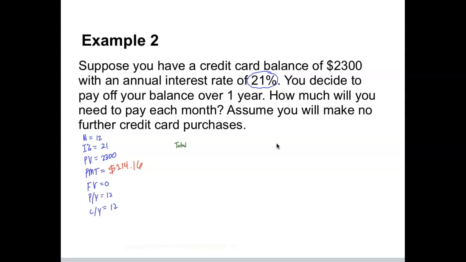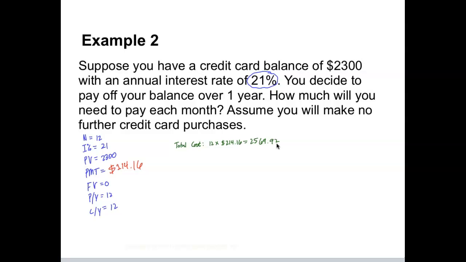Let's figure out what the total cost would end up being. Well, I'm making that payment 12 times, so it's just going to be 12 times my $214.16. And that's $2,569.92.